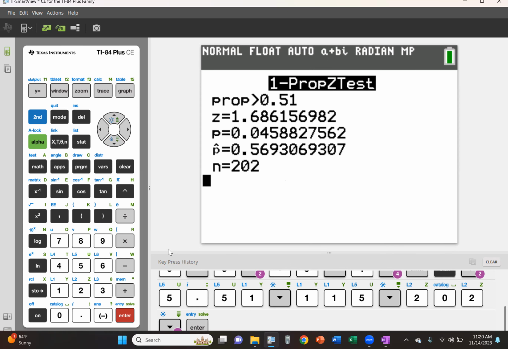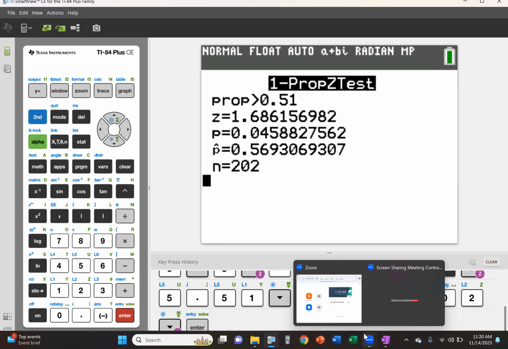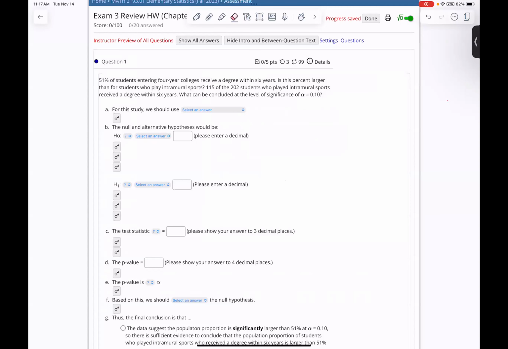So our Z statistic is 1.6862, and our p-value is 0.04588. Okay.